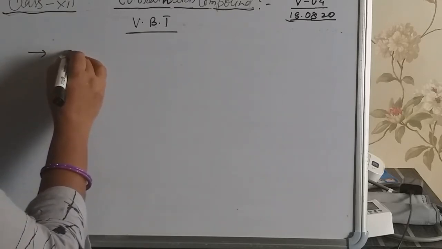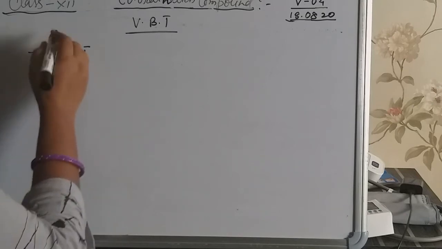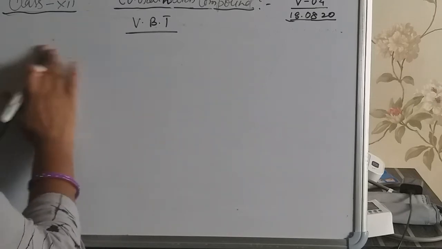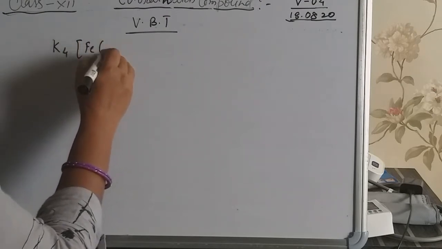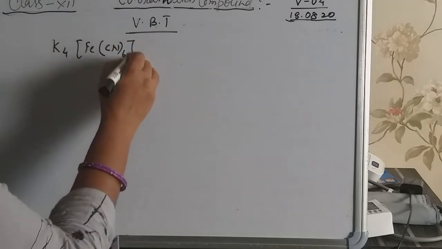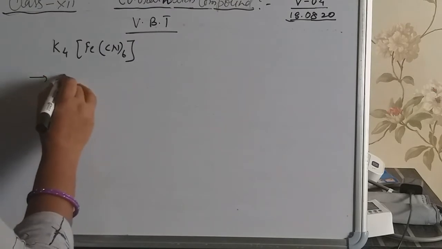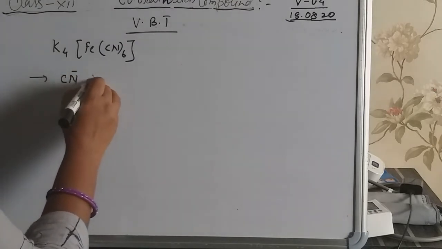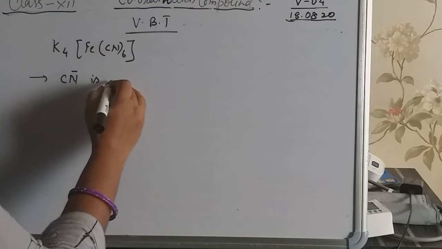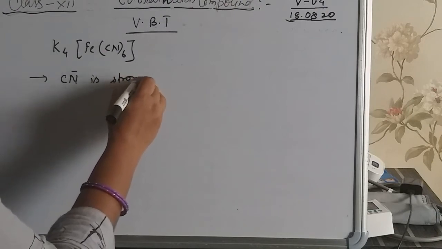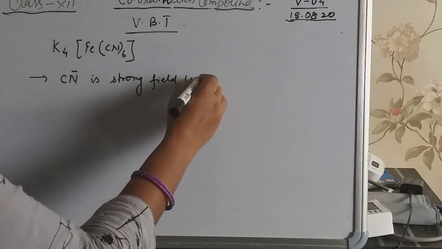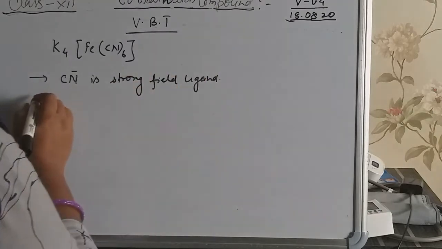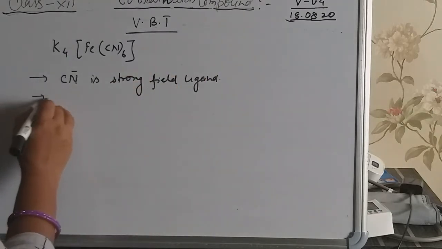In the case of this particular compound, [Fe(CN)6], we know that cyanide is a strong field ligand, and it approaches the metal ion very fast.